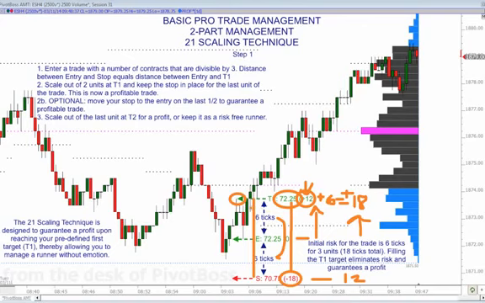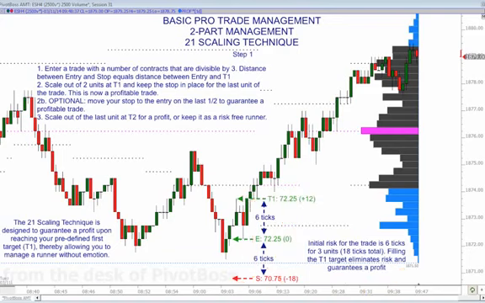So if our price comes all the way down here and hits our stop, we're still up 6 ticks. Guaranteed a profit. That's why. Just get price to get those 6 ticks, you get 2/3 of your trade off. Your last one is here at your stop, and you're going to be guaranteed, in this scenario, a winning trade.